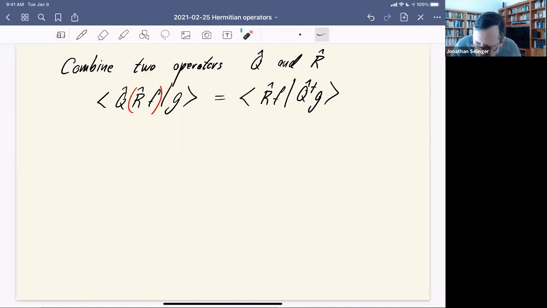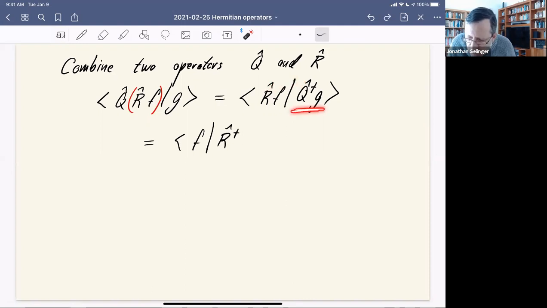Now, let's move R to the other side of the inner product. So this is then equal to F inner product with R dagger acting on what was already over here.